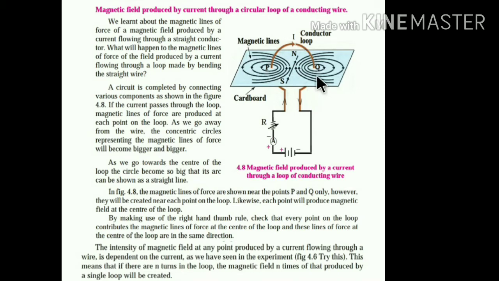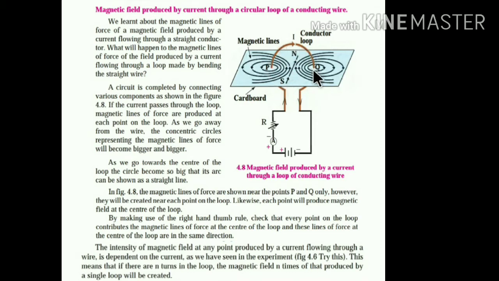However, they will be created near each point of the loop. Likewise, each point will produce a magnetic field at the center of the loop. By making use of the right hand thumb rule, check every point on the loop.